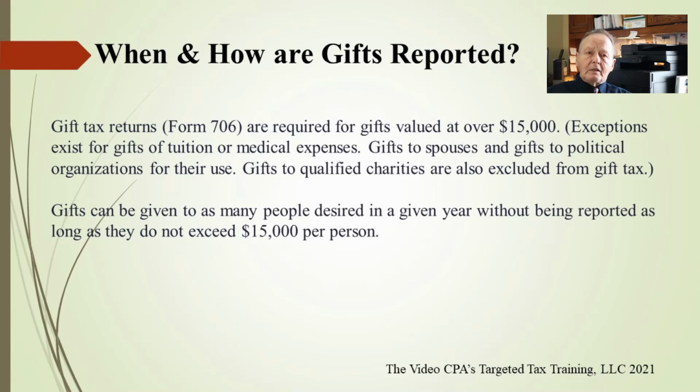Gifts for tuition and medical expenses are not subject to the tax and reporting. Gifts to spouses, gifts to political organizations for their use, and gifts to qualified charities are excluded from gift tax. But everything else, if it's over $15,000 to a single entity or individual, you're supposed to file the gift tax return.